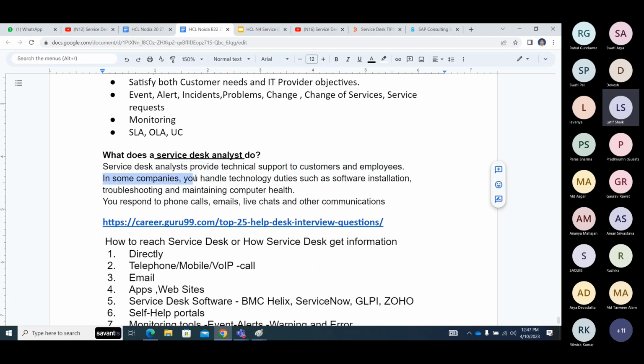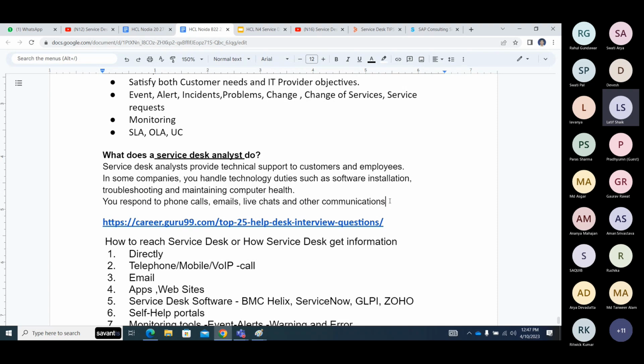In some companies, you handle technology duties such as software installations, troubleshooting, and maintaining computer health. You respond to telephone calls, emails, live chats, and other communications. You have to communicate with the customer as well as with the team sometimes, because you're at a low level, guys.